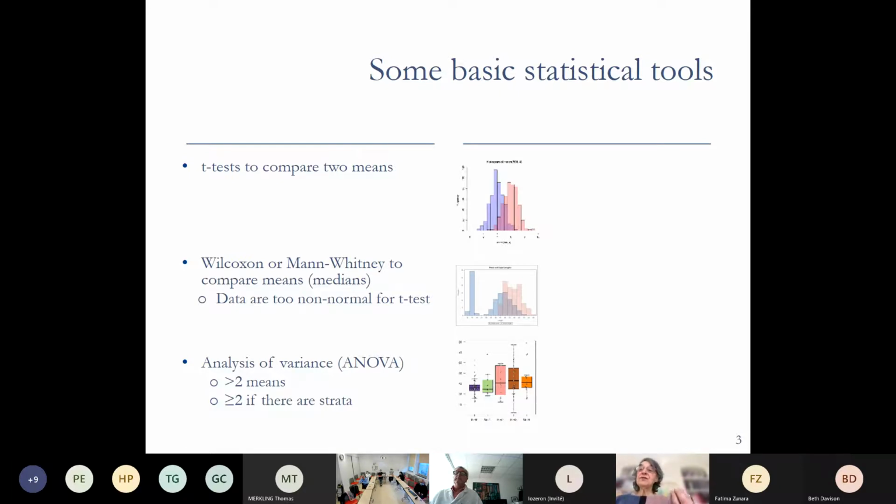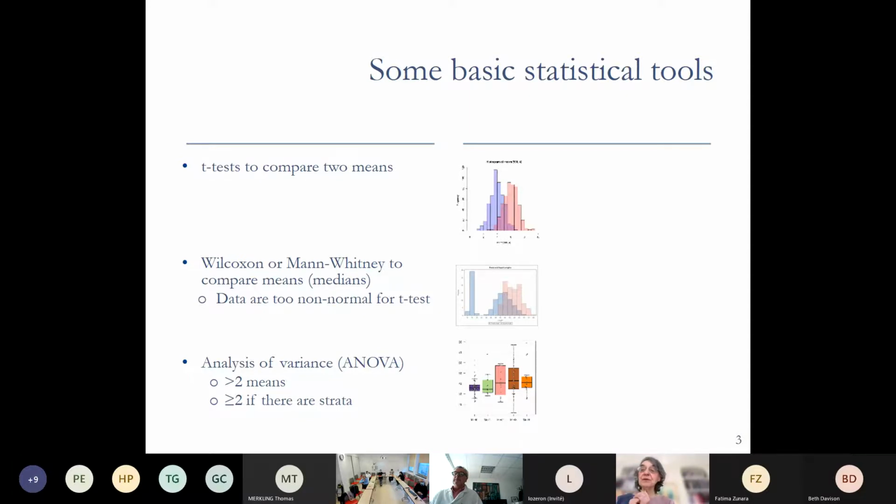Next slide, please. So I'm making the assumption that all of you have some familiarity with basic statistical tools, that if you have two distributions and you want to compare their means, you can use t-tests. Or if the distributions are so far from being normal that the means from those distributions will not be normally distributed, you can use some kind of non-parametric test.